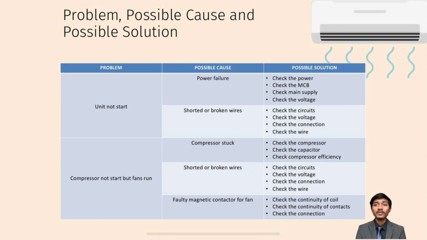Possible solution for short or broken wires: first check the circuit, check the voltage, check the connection, and last check the wire. For possible solution, faulty magnetic contactor for fan: first check the continuity of coil, and then check the continuity of contacts, and last check the connection.